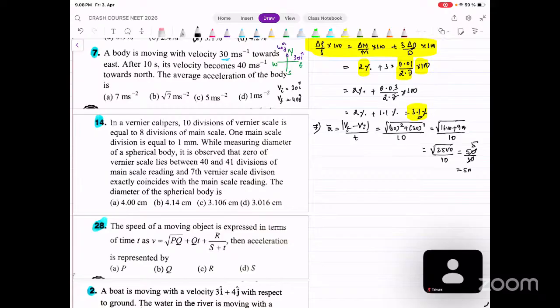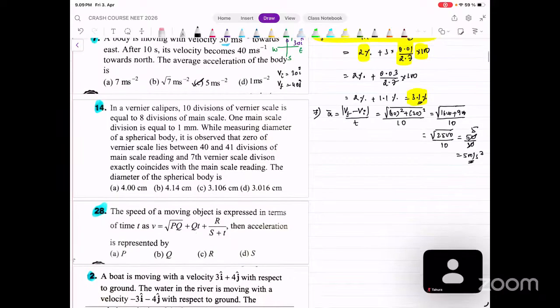That means 5 meter per second square. This will be the acceleration. Third option आ रहा ना बेटा. Clear? Am I clear with this one?